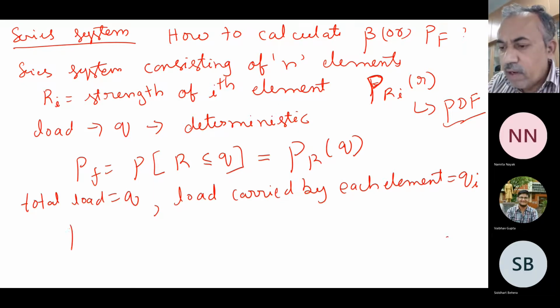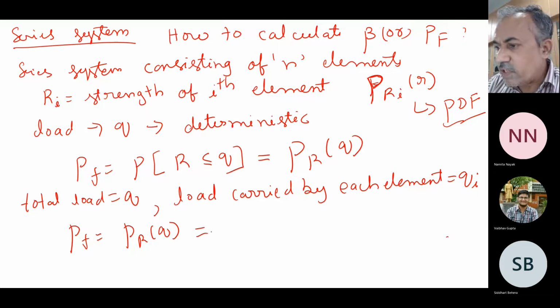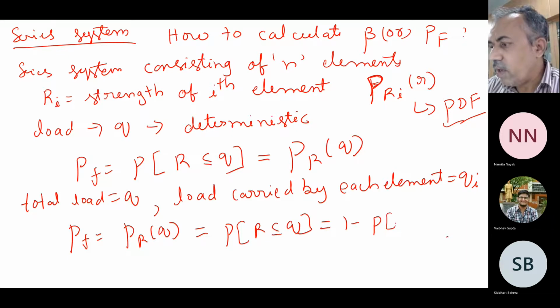Now my probability of failure, as we already have written, is P_R of Q. This means P of R less than or equal to Q. I can write this expression as 1 minus P of R greater than Q itself.